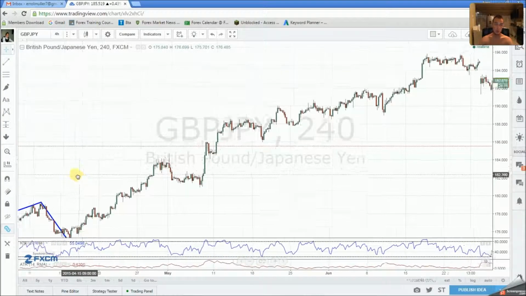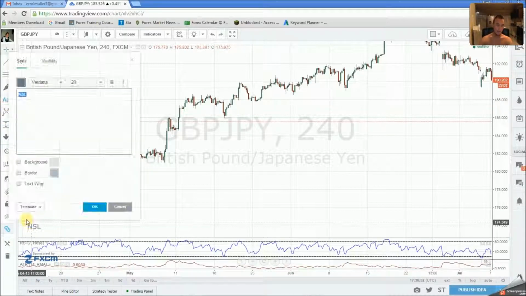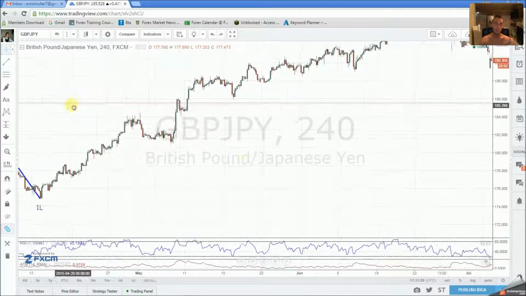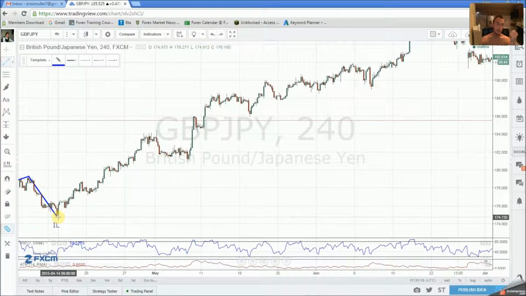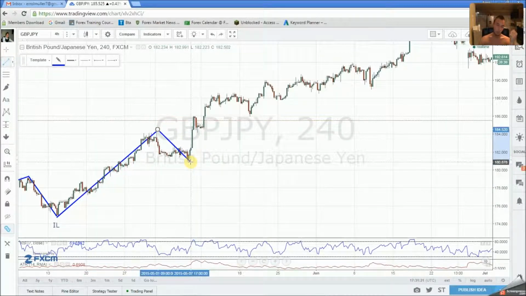Now, if this was what you saw on your chart, on your screen, then this NSL would fall away, and this here would become your initial low, because this is where you start. This is where you're going to draw in all your lines to determine whether the market is in a bearish direction or in a bullish direction. Now from there on, we were in a bearish direction, and now we moved right into a bullish direction, and it looked something like this: initial low, higher high, outside return, which is a higher low.